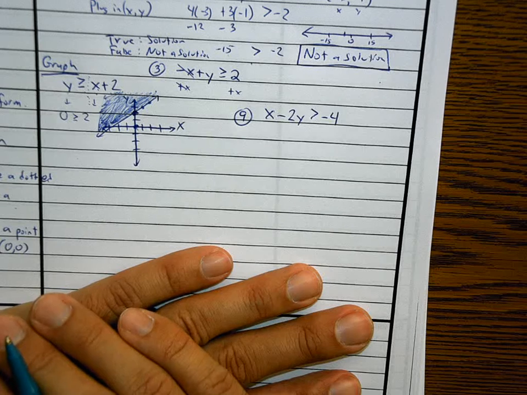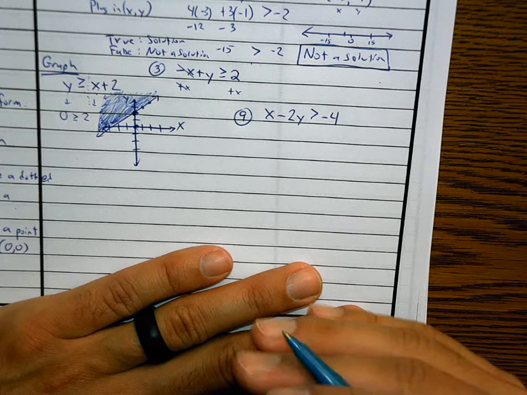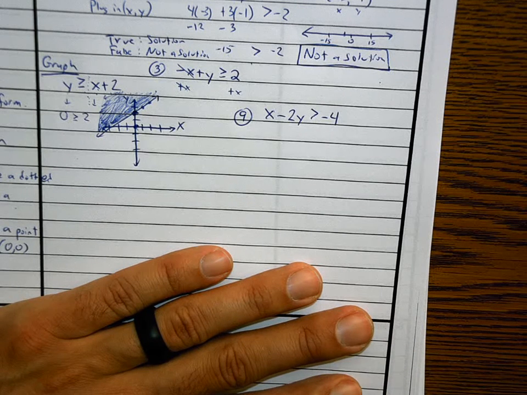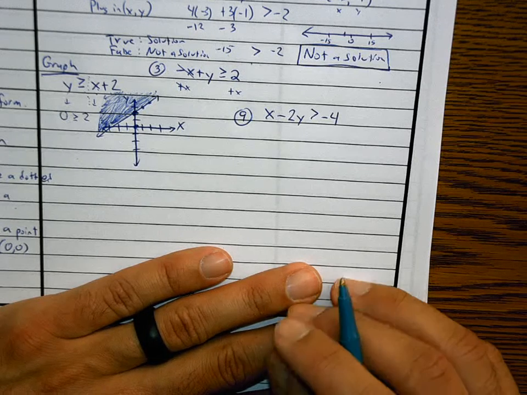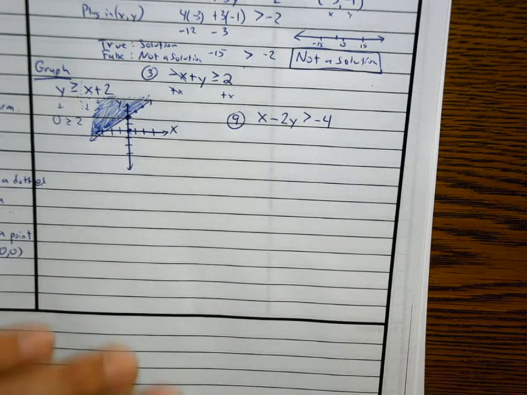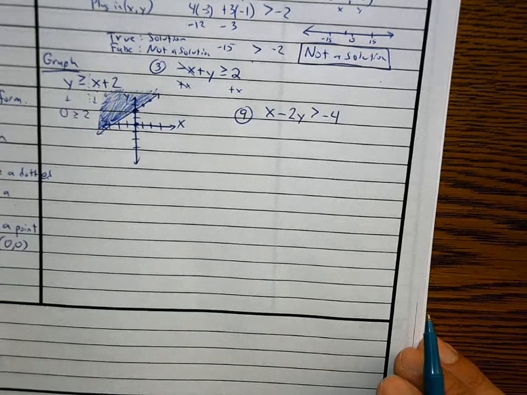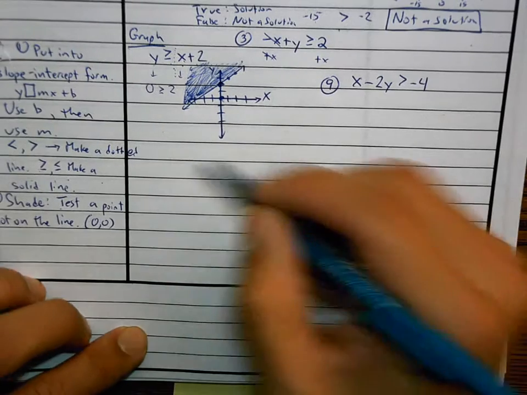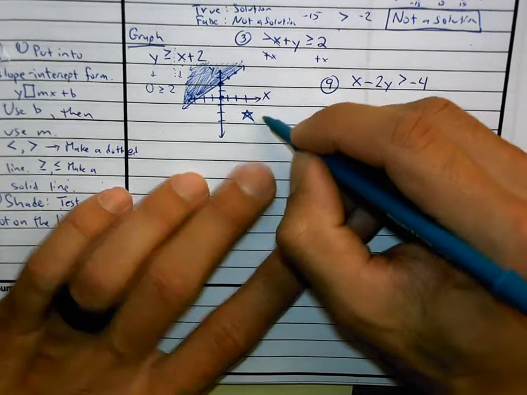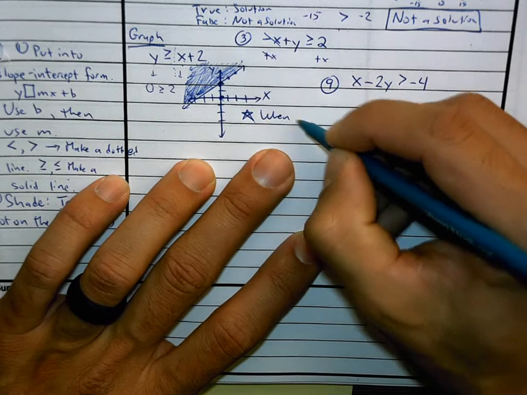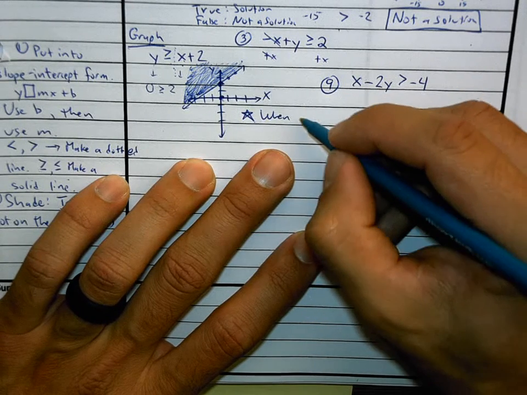Sometimes when you do problems, you're going to have to add one little extra step that a lot of people forget about. So I'm going to put a little side note right underneath this, and I'm going to put a little star.